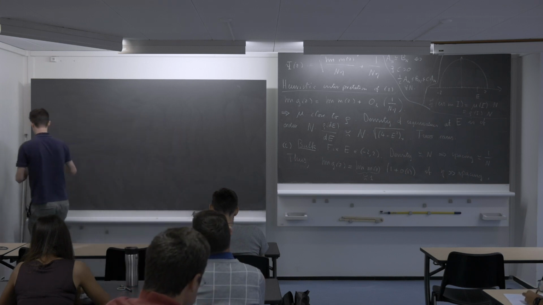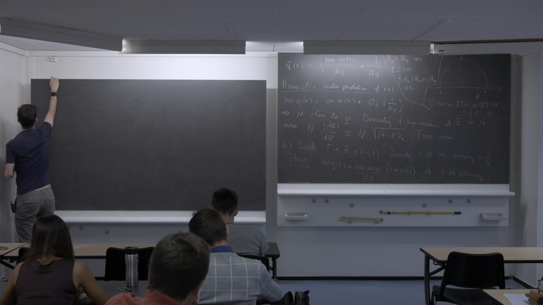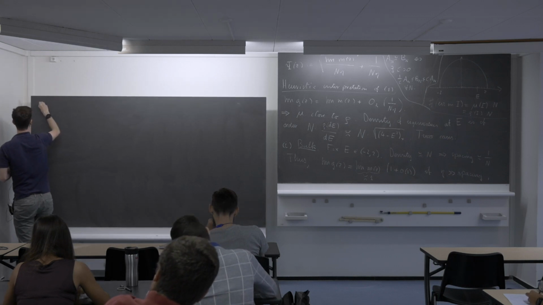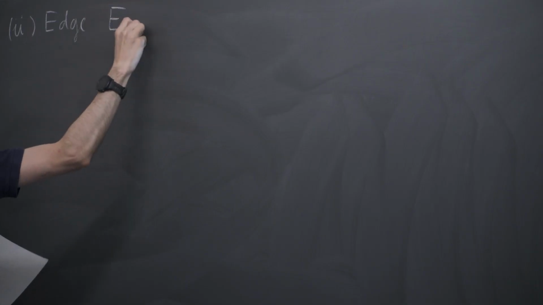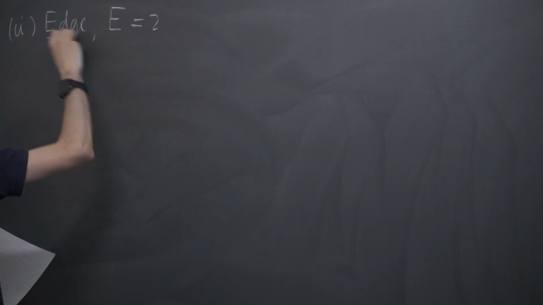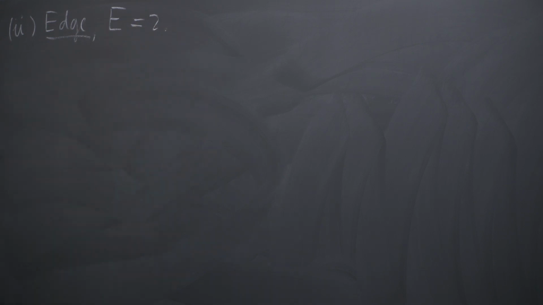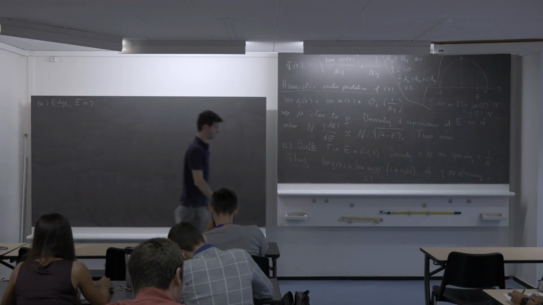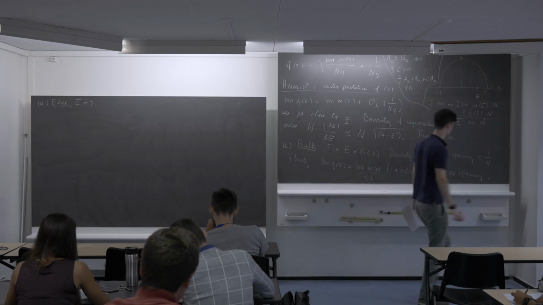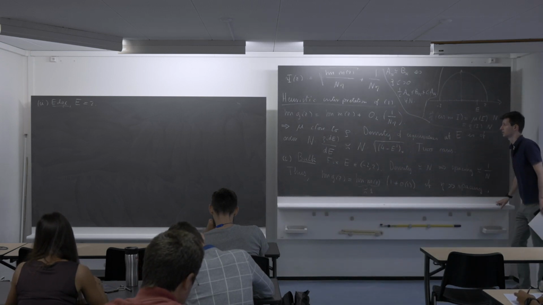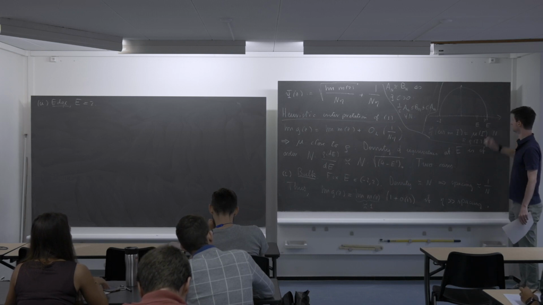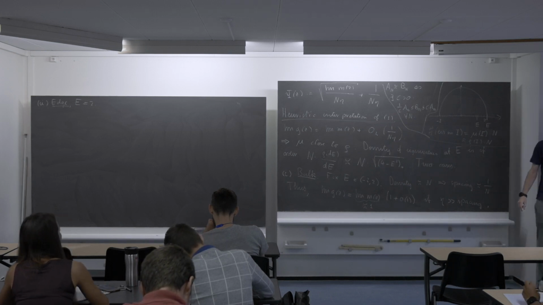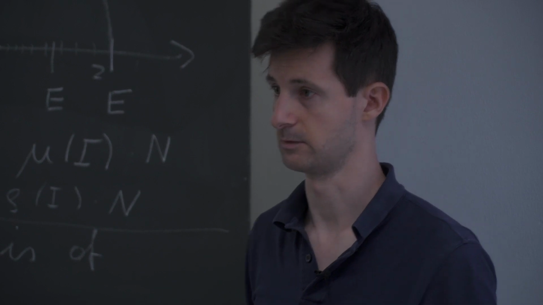This would be then the edge. What does this mean? It means that you take an E, now the real part of z that you are considering is not here, but it's right here. It's at the edge of the support of the semicircle law.